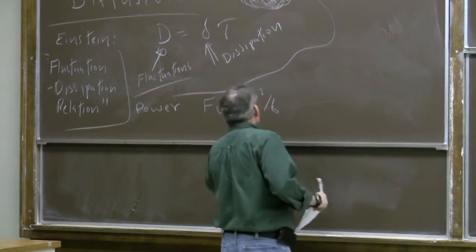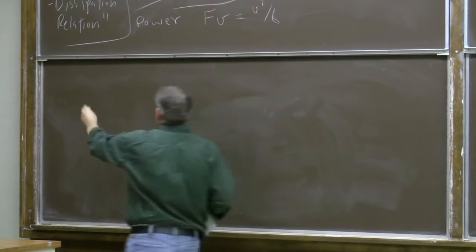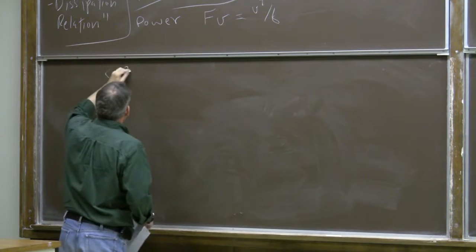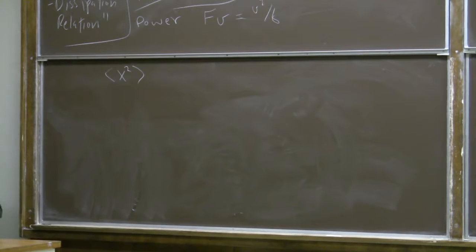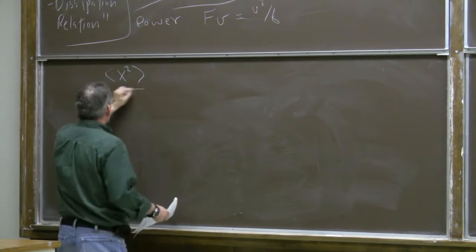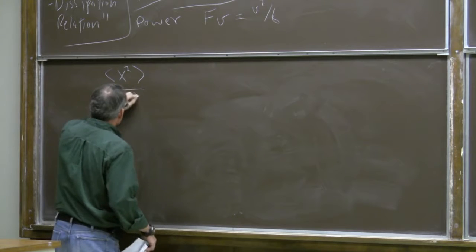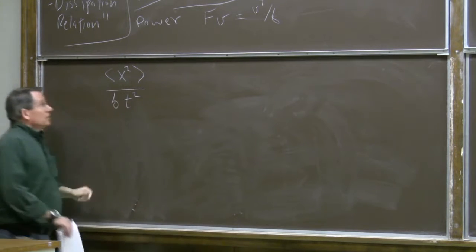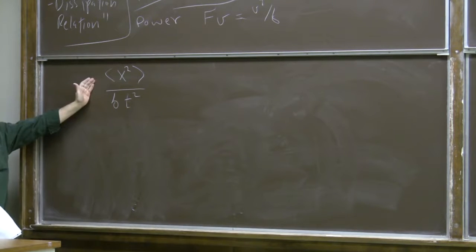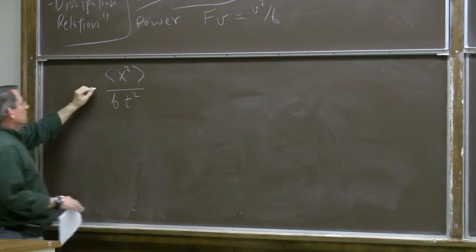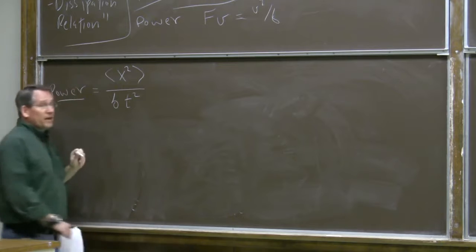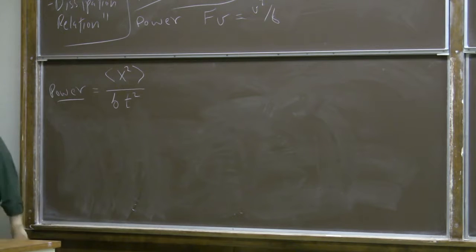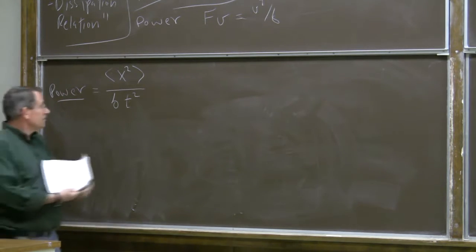And so if I look at the mean square distance traveled by a diffusing particle and divide by t squared, so this is like v squared over b. So it's something like the power being dissipated by the diffusing particle subject to force.